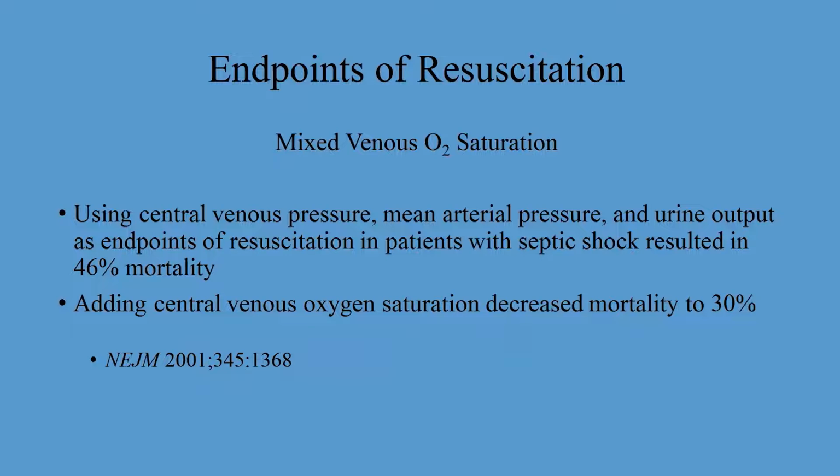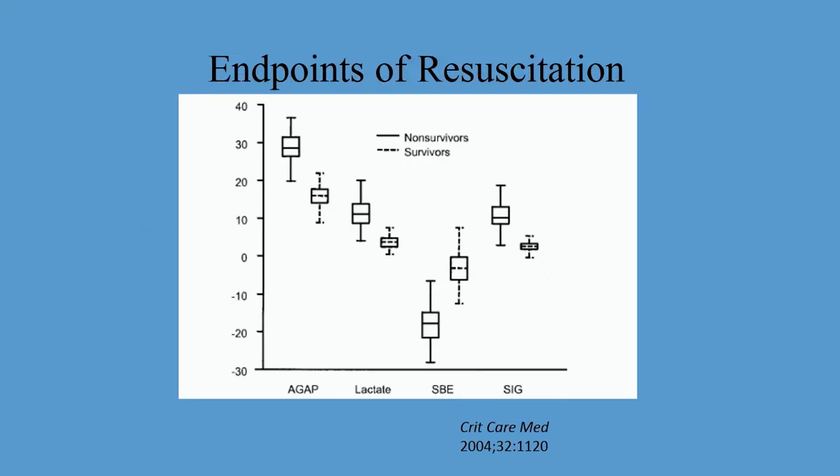And then mixed venous oxygen saturation also has its proponents. And all of these, in trauma, hemorrhagic shock, in sepsis, have been used in many different venues as an endpoint of resuscitation, showing that these parameters are normalizing to help decide when it's time to slow down the fluid resuscitation.